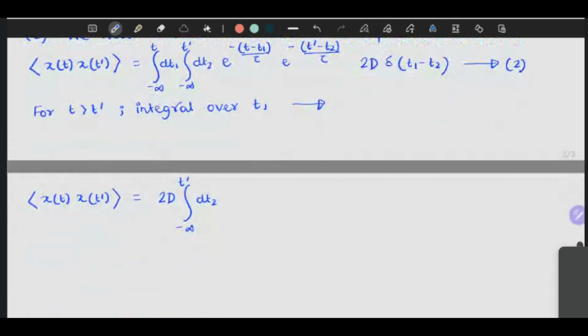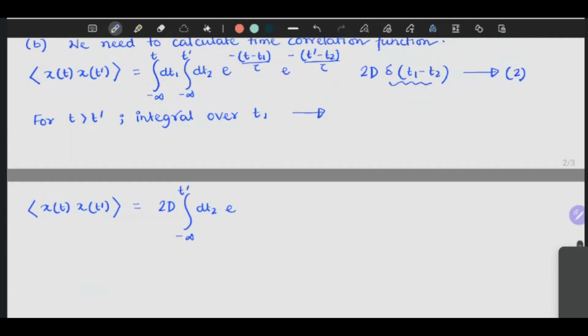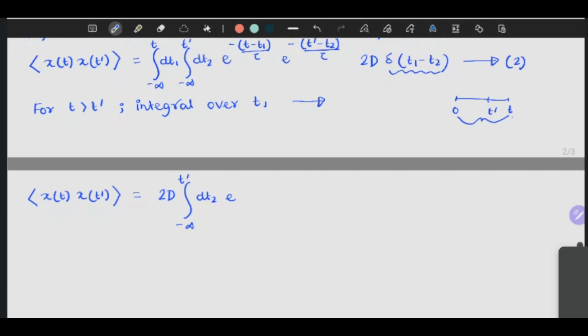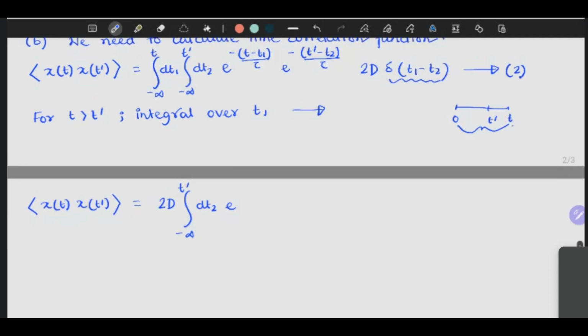So this becomes then e to the power minus (t minus t2)/tau times e to the power minus (t prime minus t2)/tau, because this will be for those values in that region, for which the delta integration will be done, so dt2.